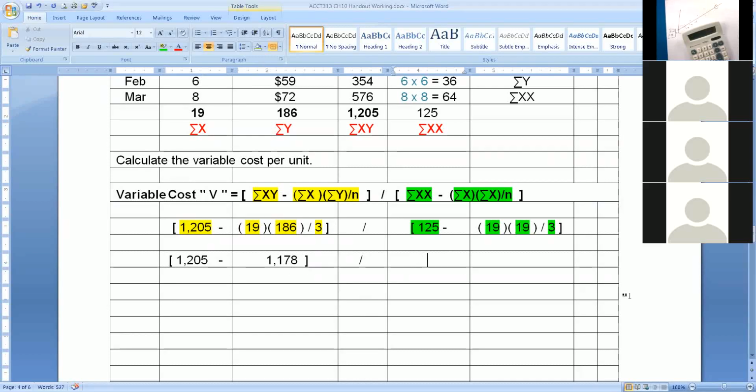Divided by 25 minus 19 times 19 divided by 3, and that is not going to come out to be a nice round number. $120.33. If you keep to the pennies, you'd probably be okay on this one. So this is 120 and 33 cents.